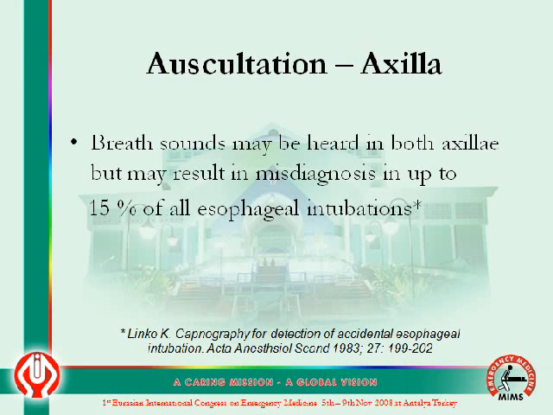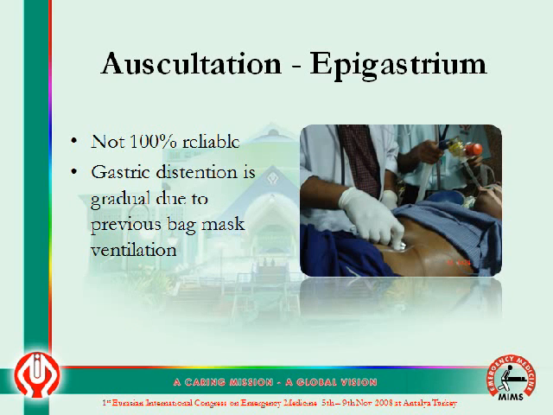Auscultation of the axilla is also not totally free from trouble, because even an esophageal intubation can produce positive breath sounds in both axillae, and it may lead to misdiagnosis. Then conventionally we recommend auscultating over the epigastrium to rule out esophageal tube position.